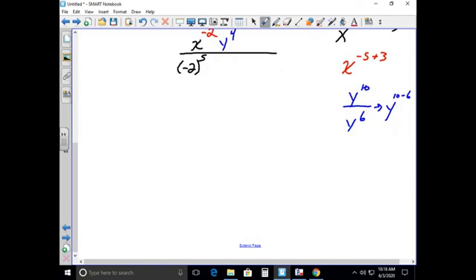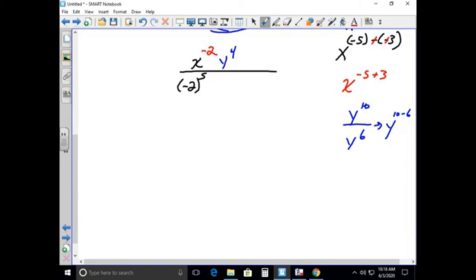Okay, we only have one piece left that has a negative exponent. That's this one, so we can move the x down and make that x squared. Y stays on top because its exponent is positive, and then we just need to raise -2 to the 5th. We don't move it anywhere because the exponent is positive. It doesn't matter that the base is negative. It doesn't get moved because of the base. It only gets moved if the exponent is negative.